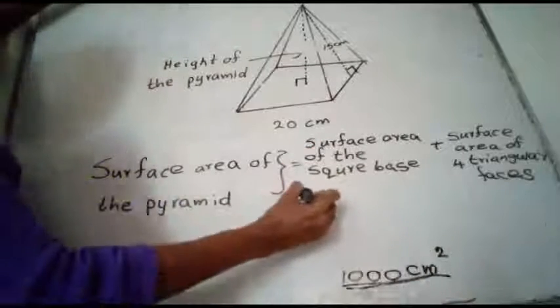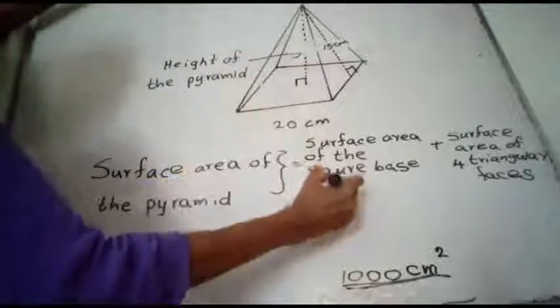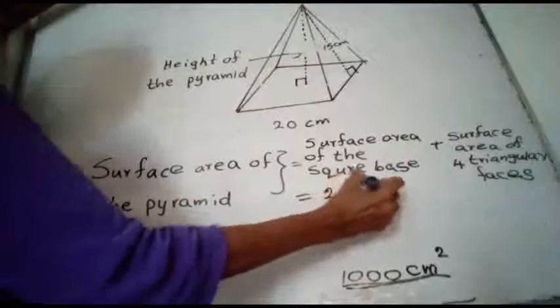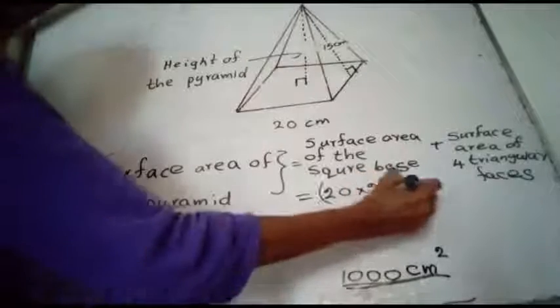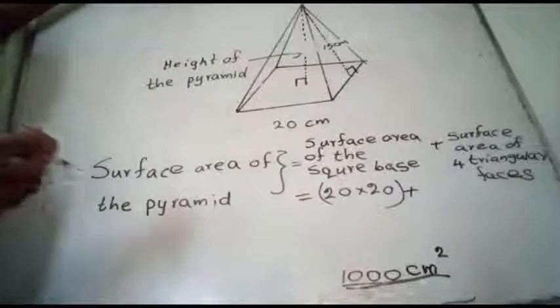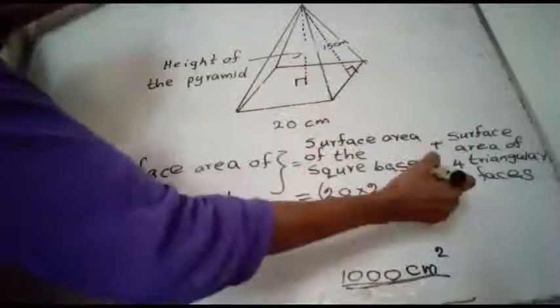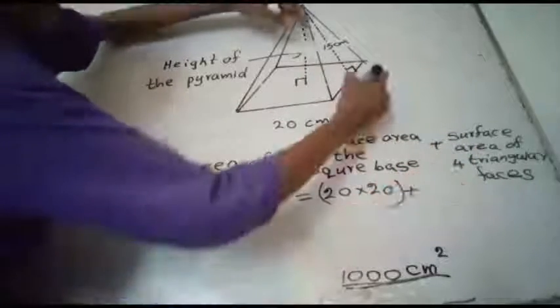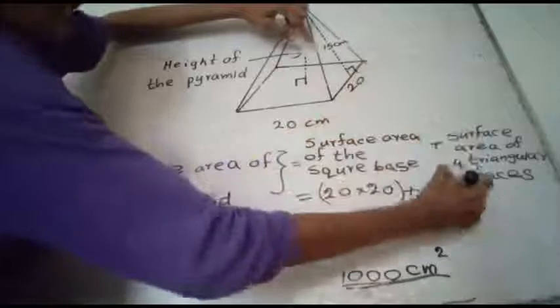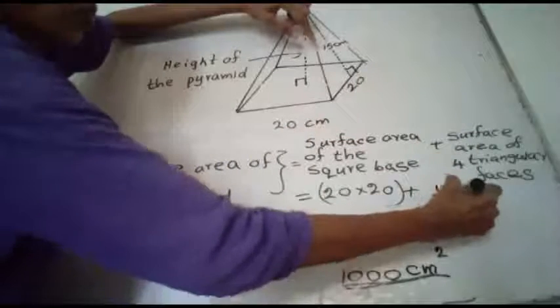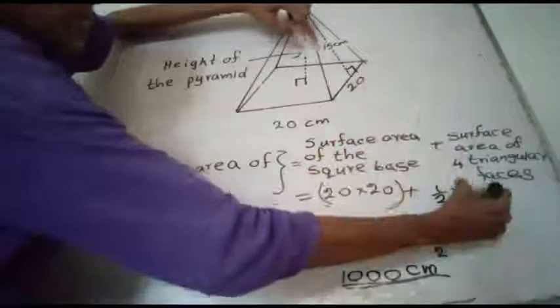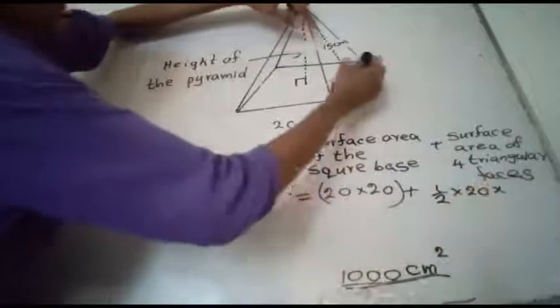Surface area of the square base is equal to 20 times 20 plus the surface area of 4 triangular surfaces, which is equal to half into base. Base is 20 centimeters.